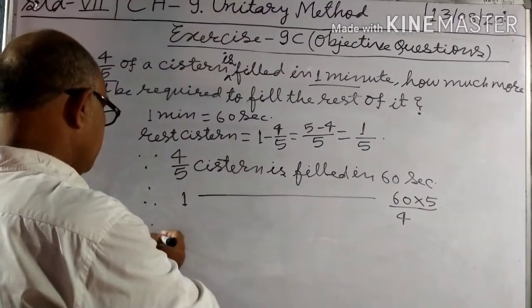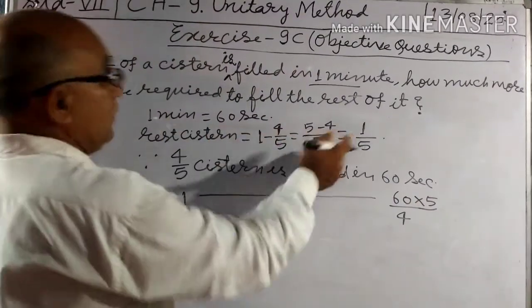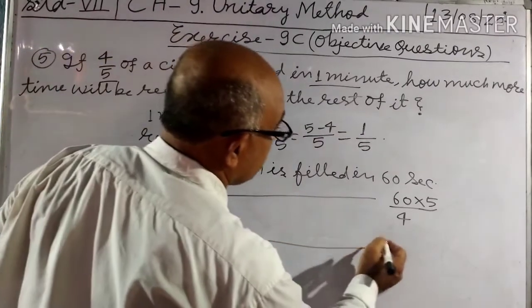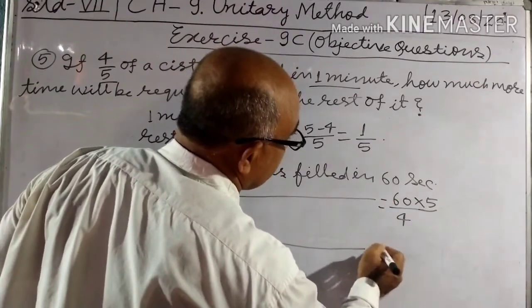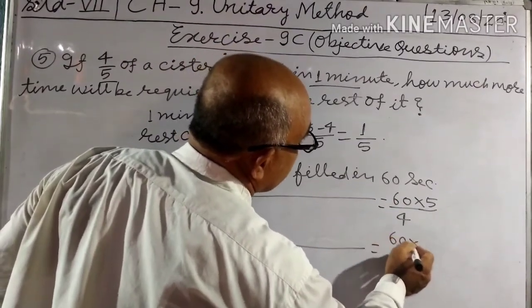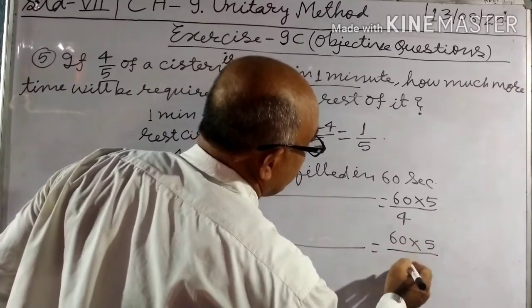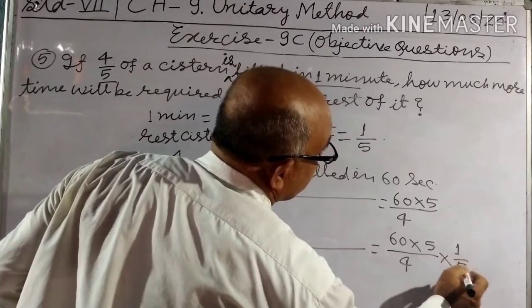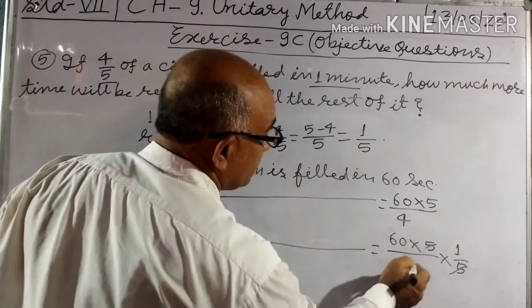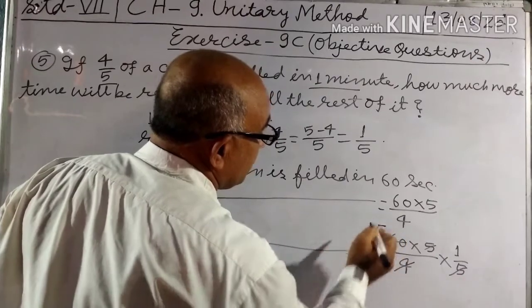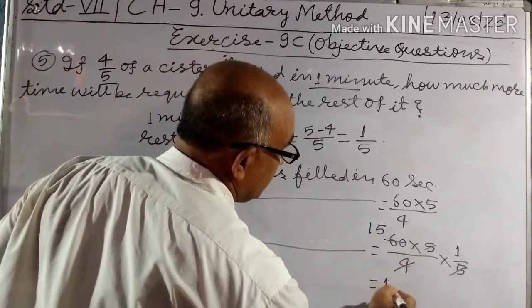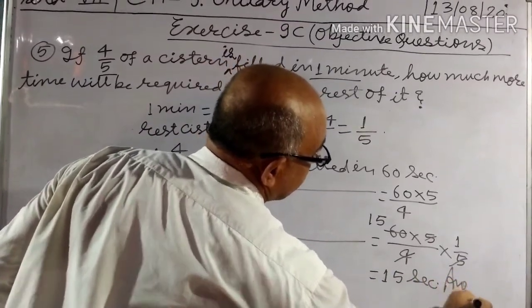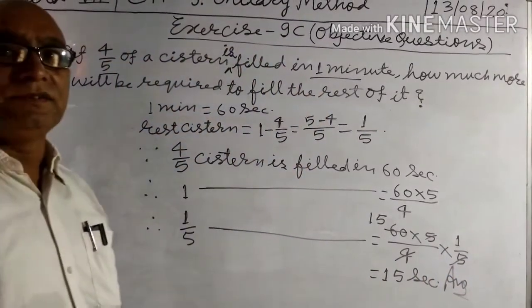The rest of the cistern is 1 by 5. So 1 by 5 cistern is filled in 60 into 5 by 4 into 1 by 5. 5 and 5 cancel, and 15 fours are 60, equal to 15 seconds. Answer. Understand and write it.